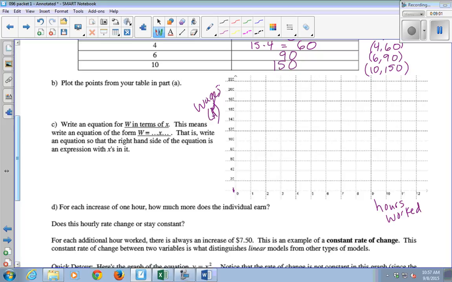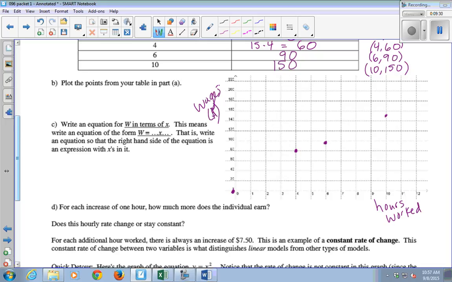I think that's like right here. 4, 60. 6, 90, that's 80, that's 100, some 90s in between there. 6, 90 and 10, 150. Looks like it's right there.